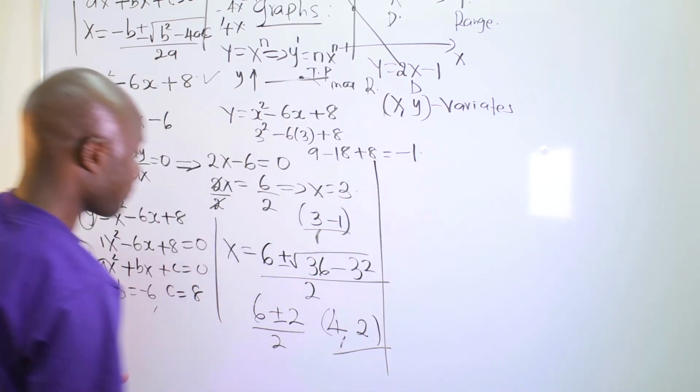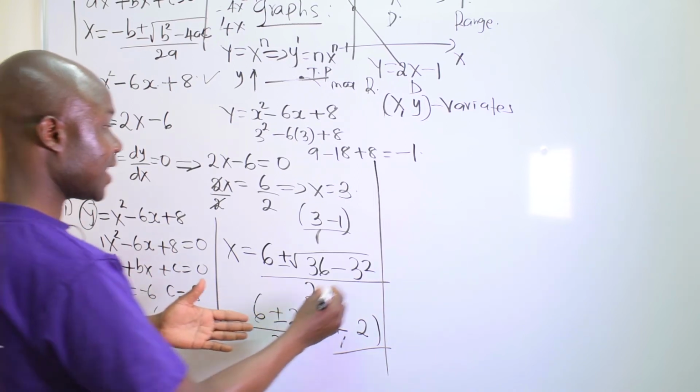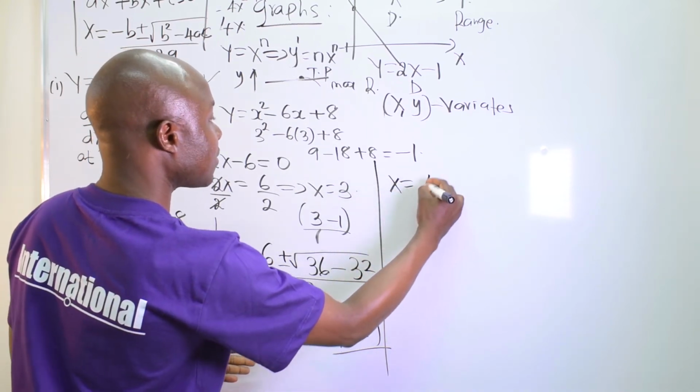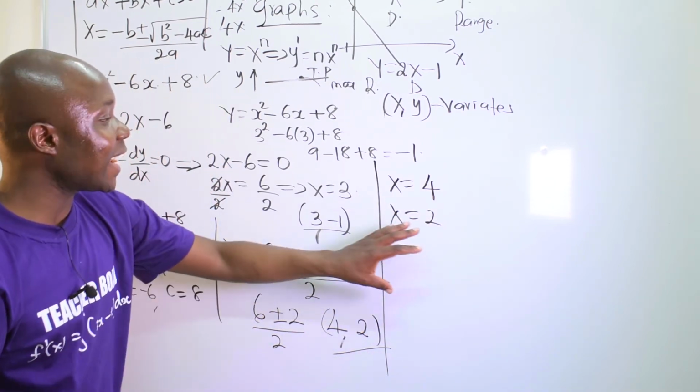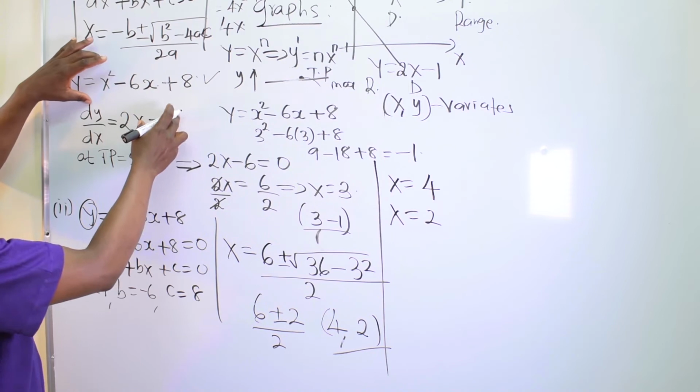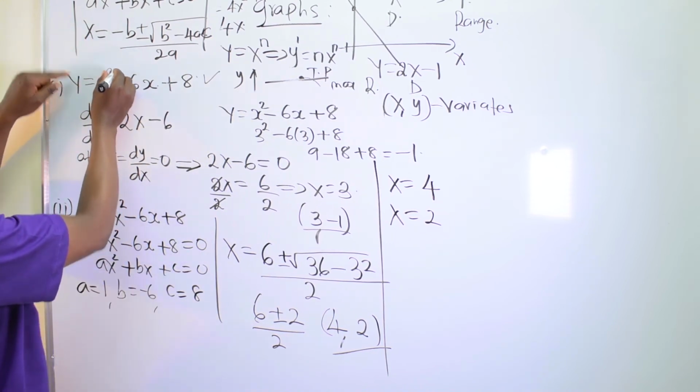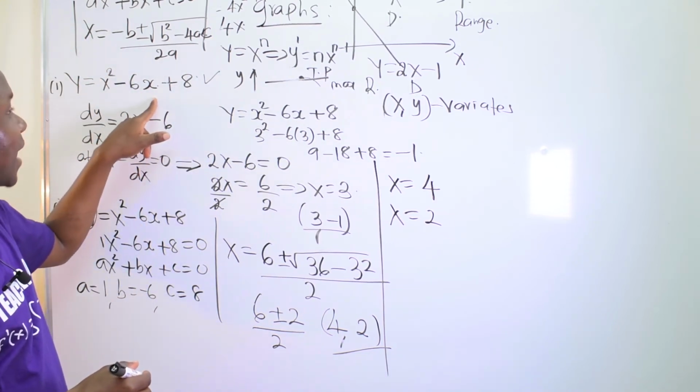Now look here. We have clearly seen that the first x is 4, the next x is 2. So we can get back our value of y, knowing very well that y should be x squared minus 6x plus 8.